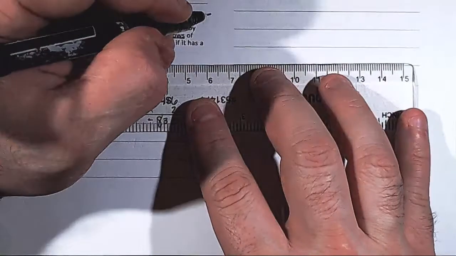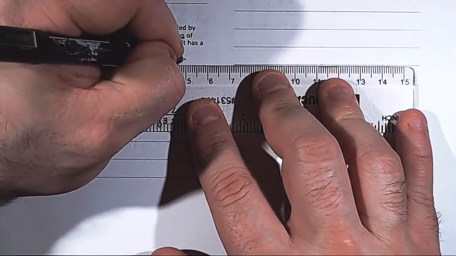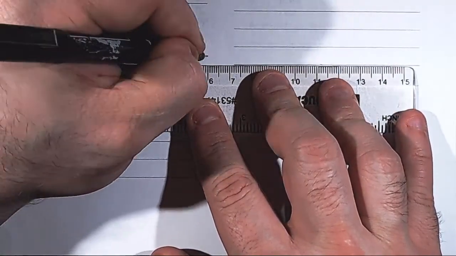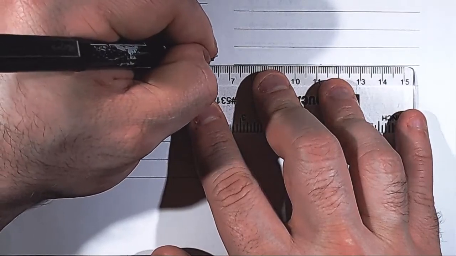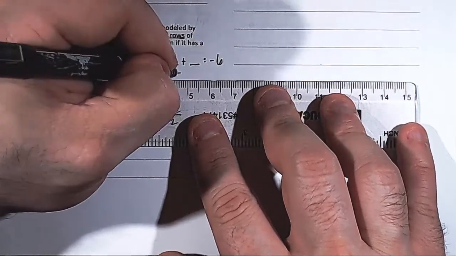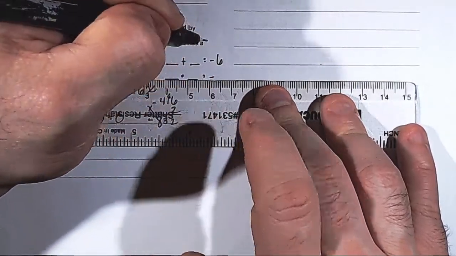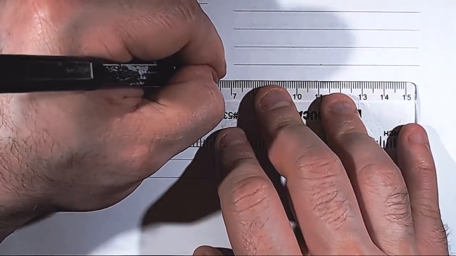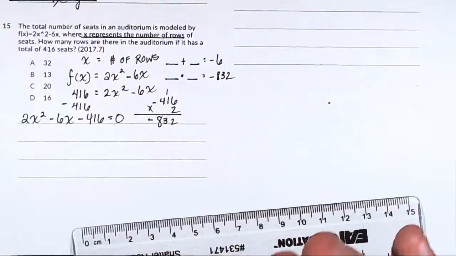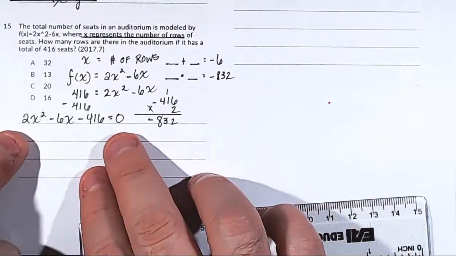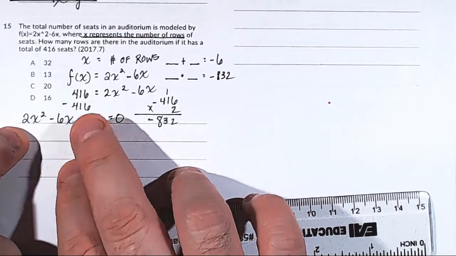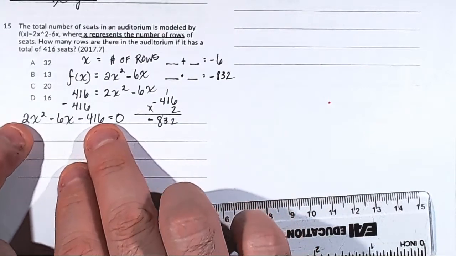So we're trying to fill out this little box here. They add to be the middle term, negative 6, and they multiply to be the product of the last term and the first coefficient, negative 832.